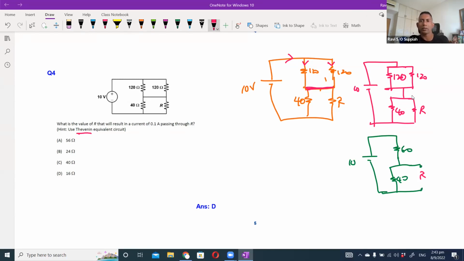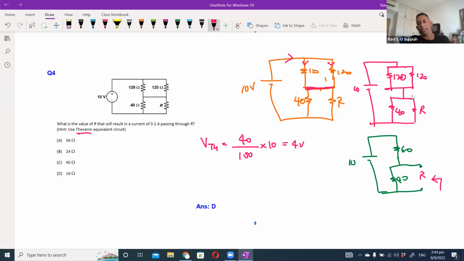Now the next step is to find VTH and RTH. All right, so the VTH is the open circuit voltage. Technically I only have a series pathway between 60 and 40. So VTH is equal to 40 over 100 times 10, which will be 4 volt.